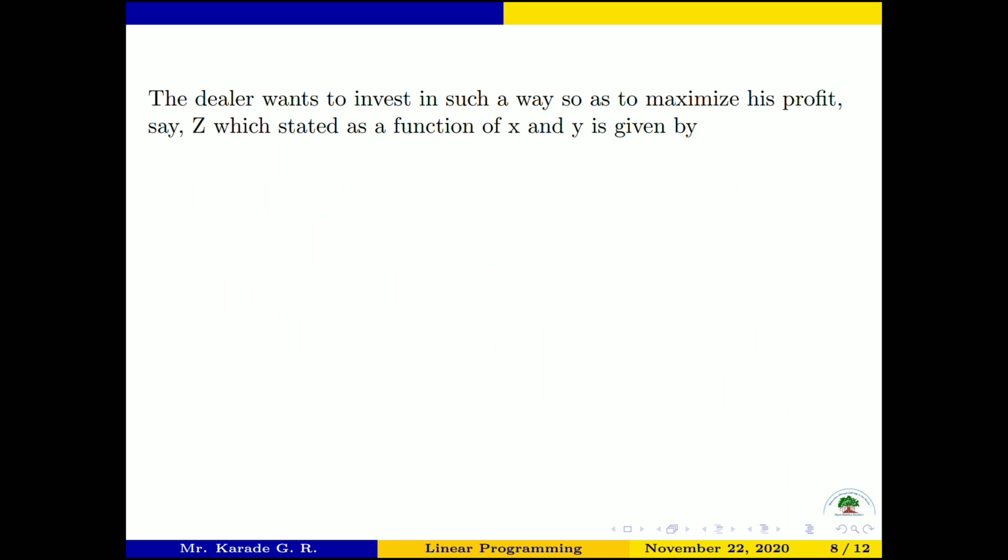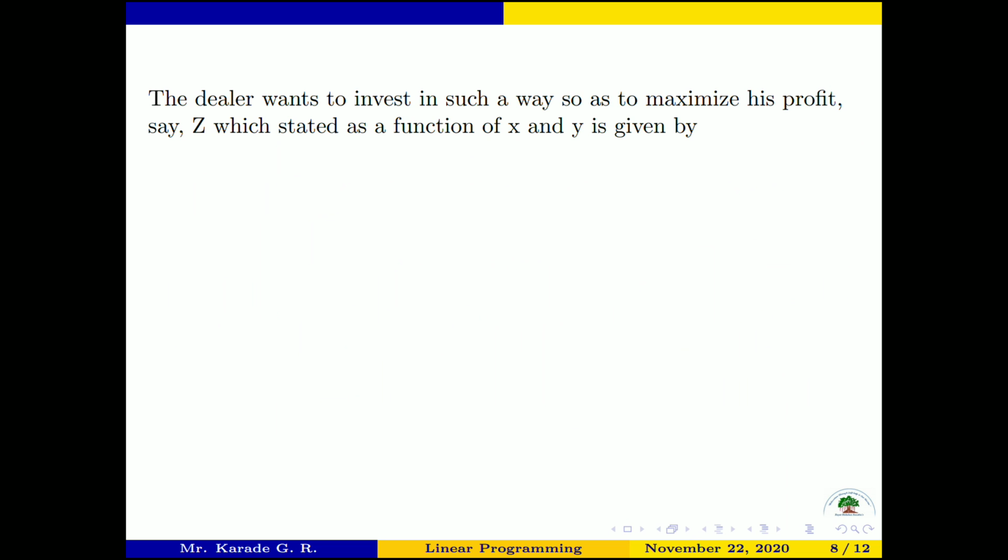To maximize the profit, the dealer wants to invest in such a way so as to maximize his profit. Say z, which is stated as a function of x and y, is given by: so what will be the profit function?